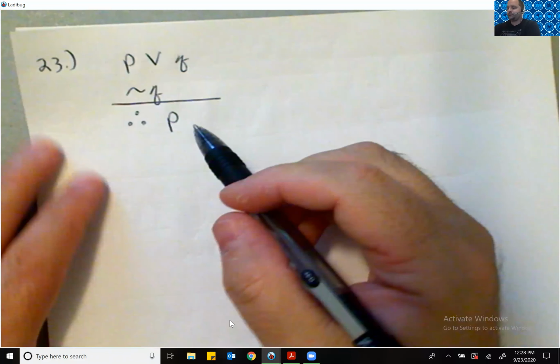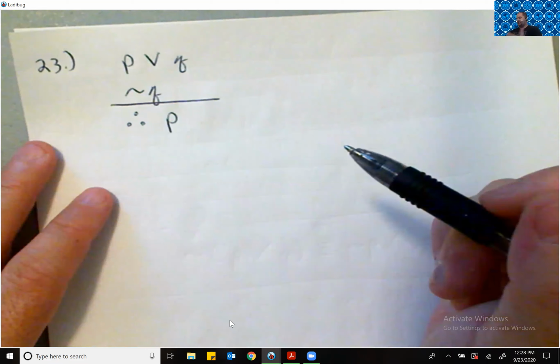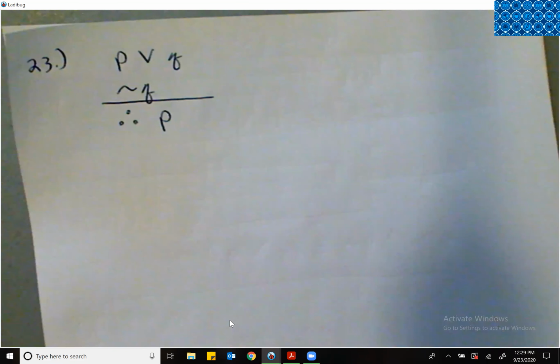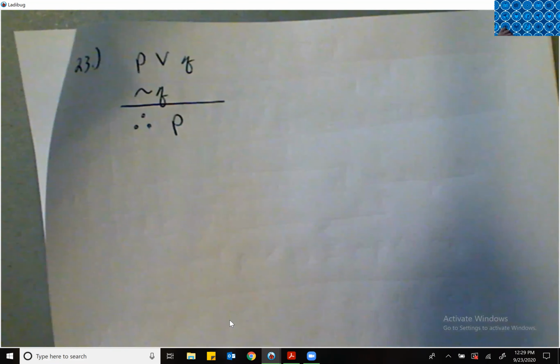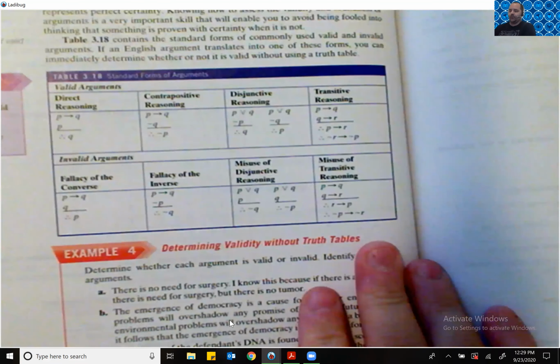Okay. So there's a couple ways that you can do this depending on what your professor does. In our book, on page 190, there is a list of reasonings that we already know.